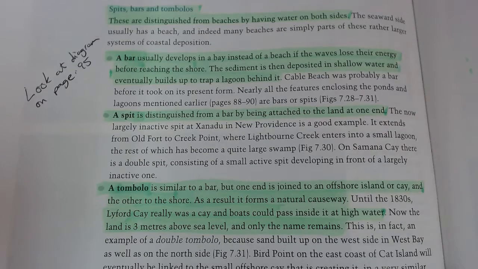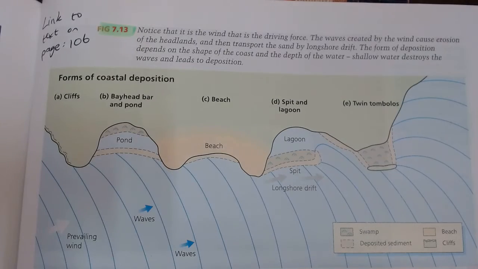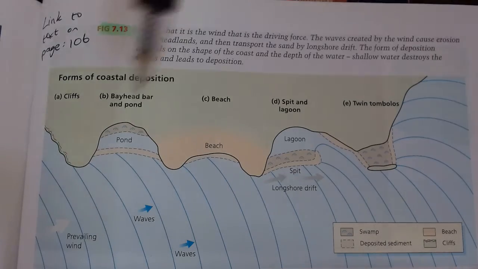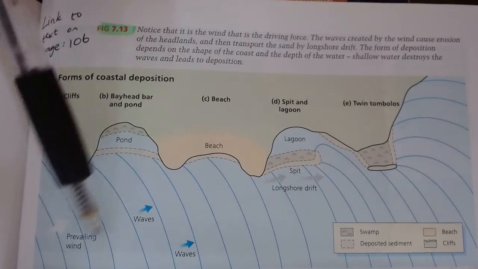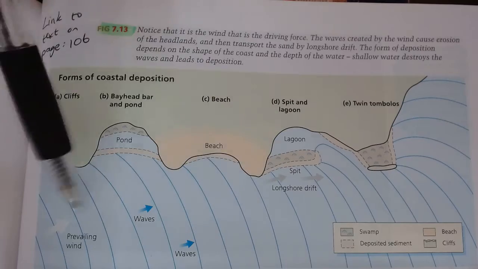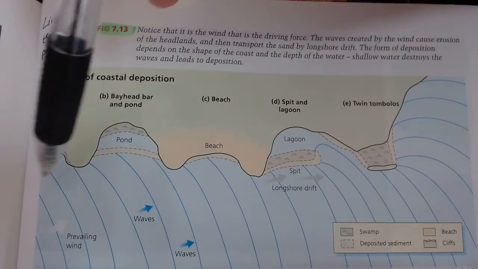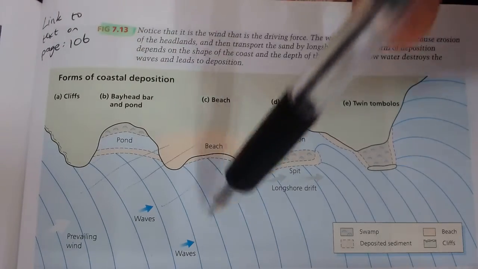We're going to jump to page 95 very quickly and just look at some of the formation. Diagram on page 95 here. I've written a link to text on page 106. Again, very simple, like what we saw earlier. Prevailing wind as always coming along, moving our waves in this direction, so the longshore drift will be moving in the same direction as well.